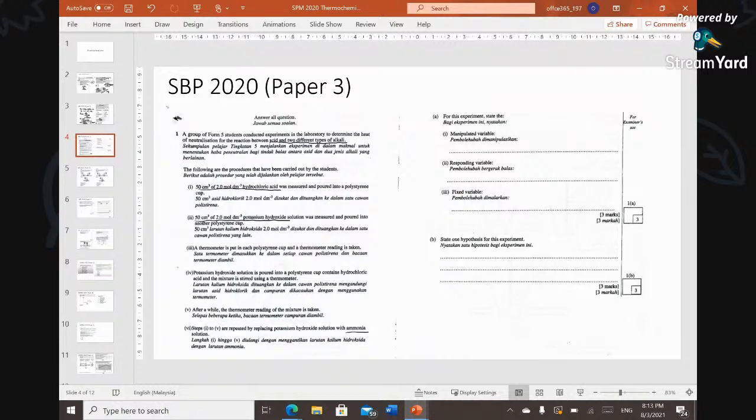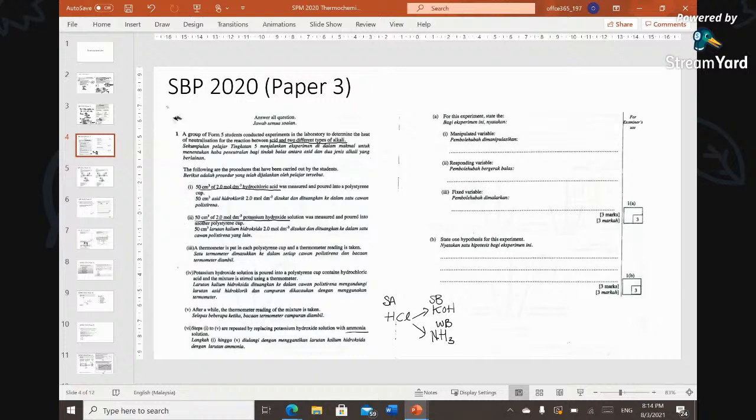So you have to understand the whole process. They are using a strong acid. In the first experiment, it reacts with potassium hydroxide, a strong base. Then they repeat the whole experiment with ammonia, which is a weak base.